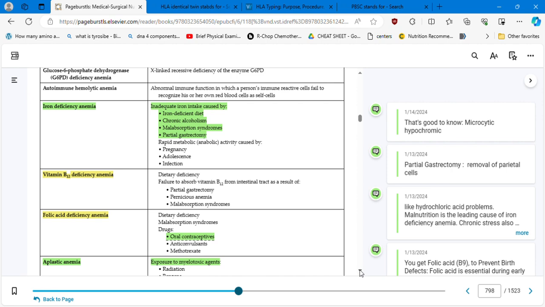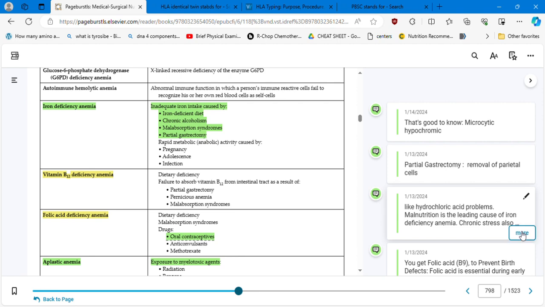So all those patients having surgeries to reduce weight, they have a partial gastrectomy, and they are sometimes losing parietal cells. The parietal cells are the ones helping us to produce the intrinsic factor, which also helps us to absorb not only the iron but also B12.